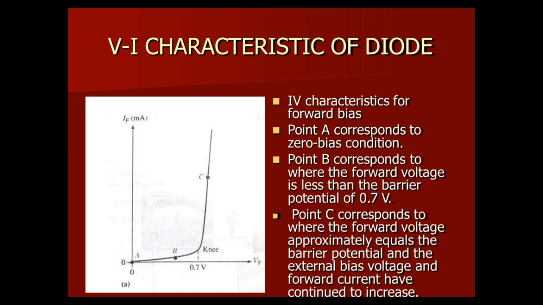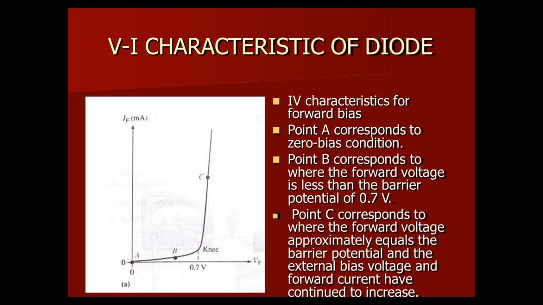So as I said previously, there are three different points A, B, C. From A to B, it is less than the barrier potential. For a silicon diode, 0.7 is the knee voltage. So when the input forward voltage is greater than 0.7, it will enter the region of more current.